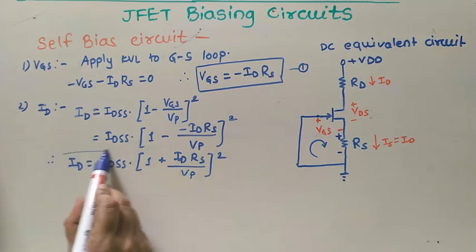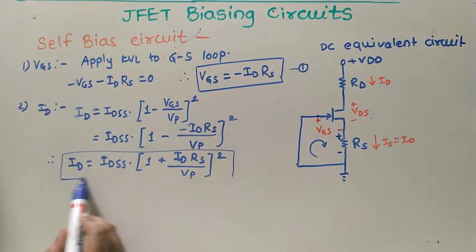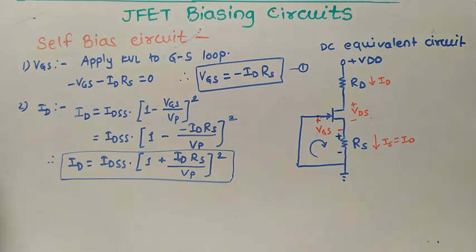So by this way we can obtain the expression for ID current. So when we put the values of IDSS, RS and VP in this equation, we can get the value of ID.